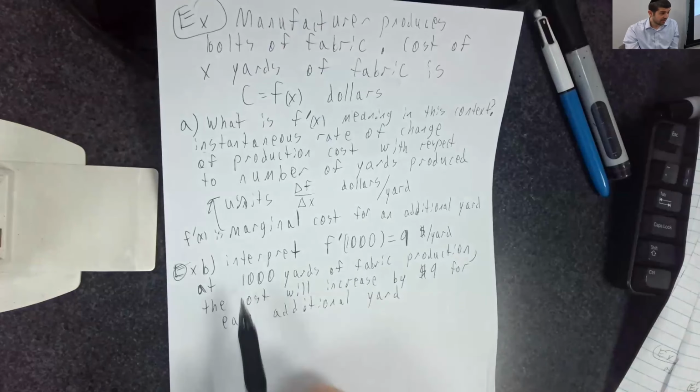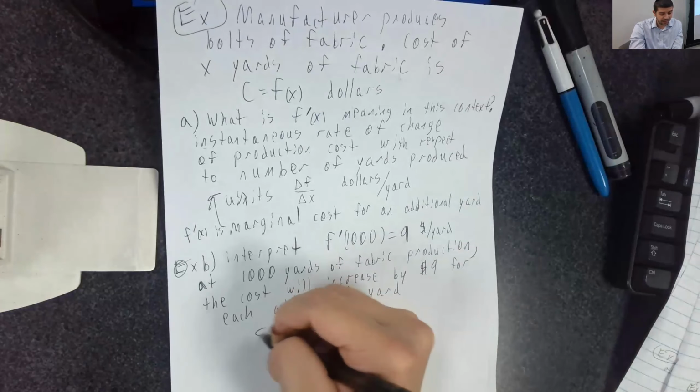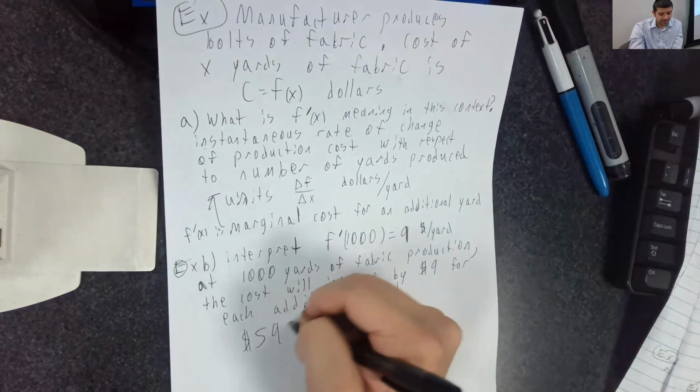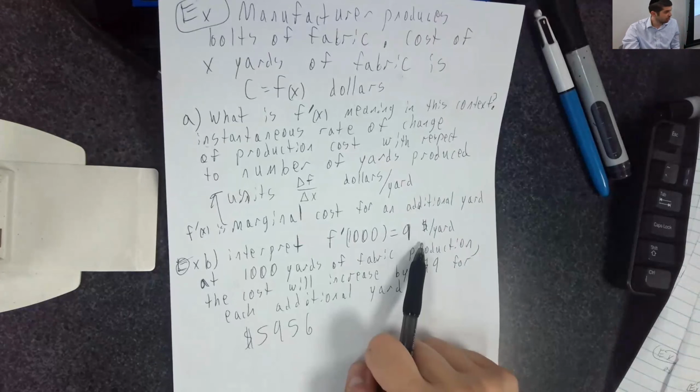Not necessarily. The function could be very complicated for a manufacturer. So 1,000 yards might cost them, I don't know, $5,956. But once he reaches that point of 1,000 yards of fabric production, if he wants to start producing more yards, it'll be $9 more for each one.